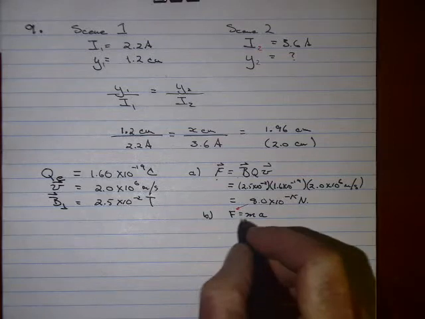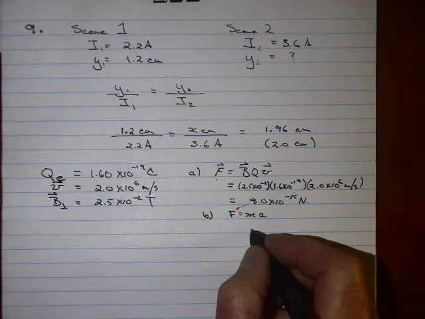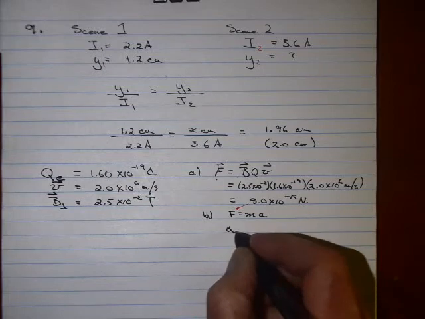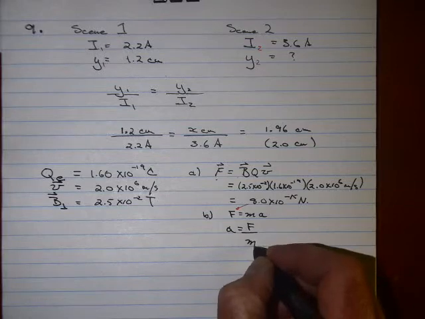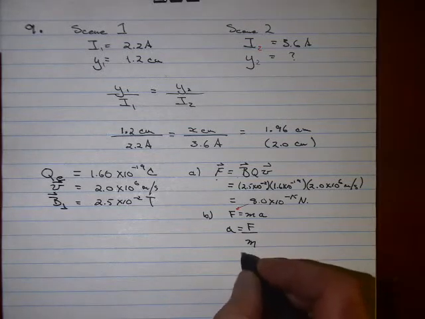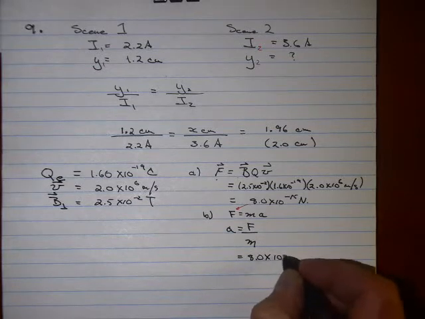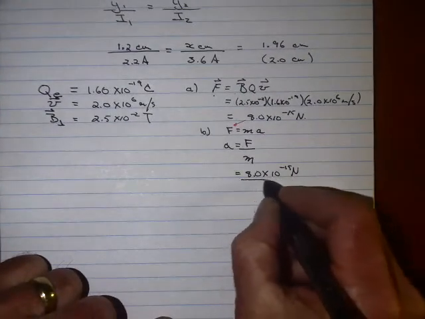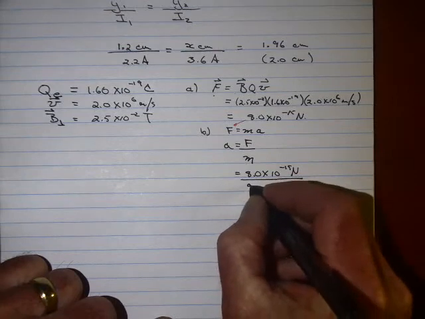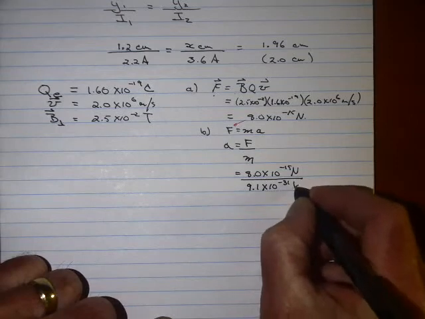So let's just continue this. First of all, let's rearrange this to solve for acceleration. So acceleration is equal to force divided by mass. The force is 8.0 times 10 to the negative 15 newtons, and I'm going to divide that by the mass, 9.1 times 10 to the negative 31 kilograms.